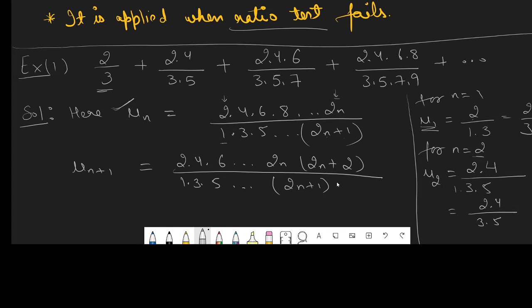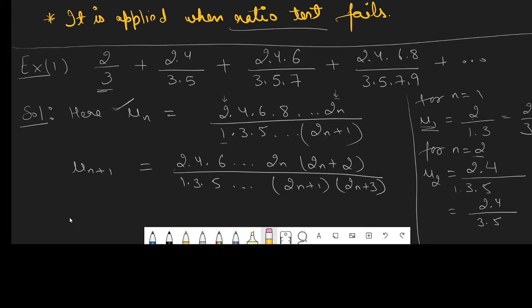Now we didn't write the even term 2n plus 2 in the denominator, because in the denominator we are only taking the odd terms. Okay, that's why we are not taking this term.